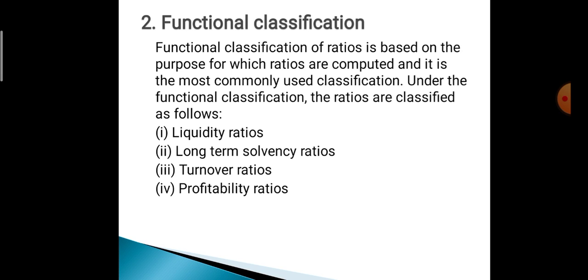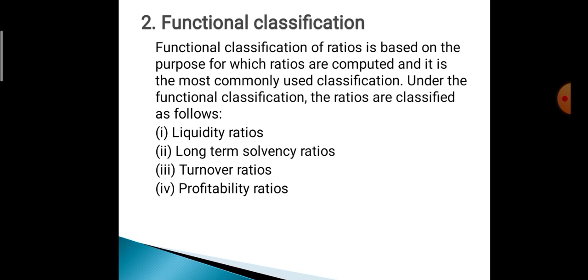In other words, they measure the ability of the business to repay its short-term liabilities out of short-term assets. Current ratios and quick ratios are examples of liquidity ratios. Similarly, leverage or solvency ratios evaluate the ability of the firm to remain solvent over the long term. Debt equity ratio is an example of leverage ratio.